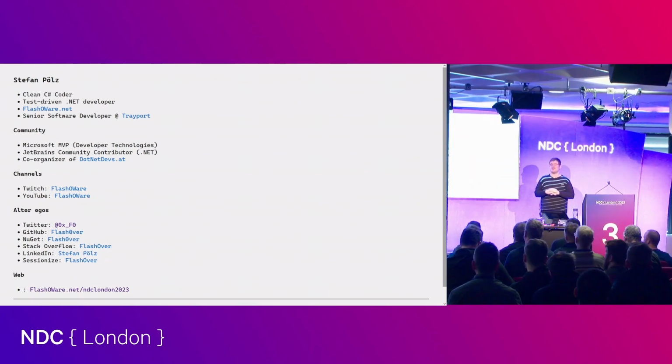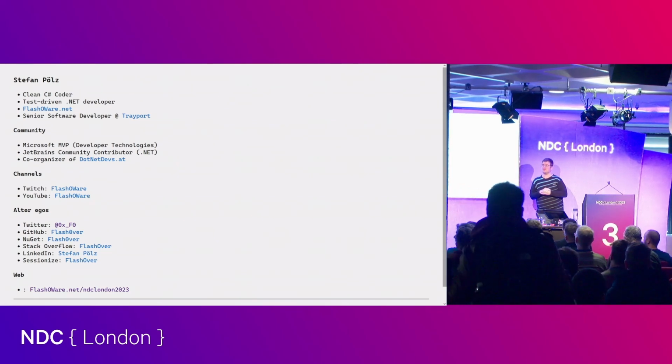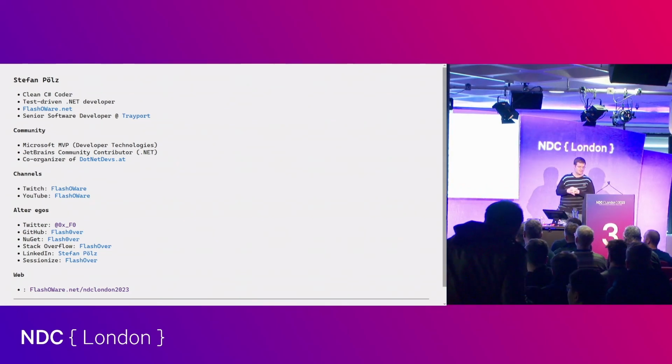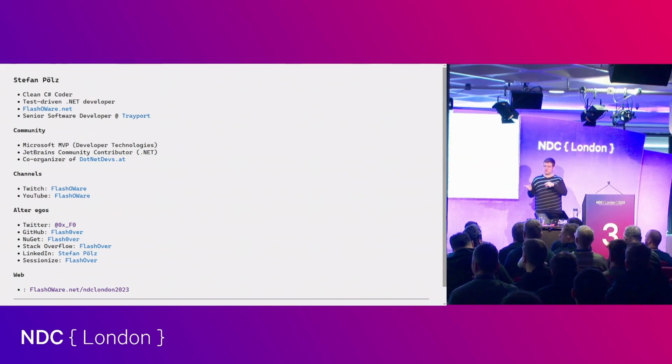Also, I'm a co-organizer of the .NET Devs AT meetup in Vienna. We're doing user group meetups in Vienna about .NET. Since last year, I also stream at Twitch and YouTube under the handle /over. And on Twitter, I am 0x_F0 if you have potentially some questions later on that I can't answer at the Q&A session.